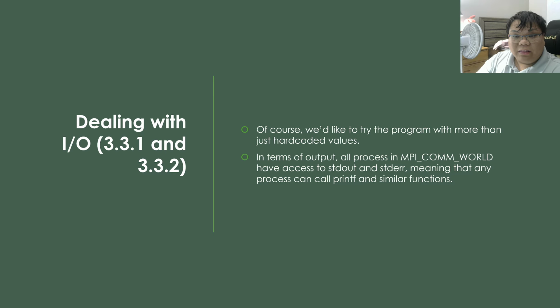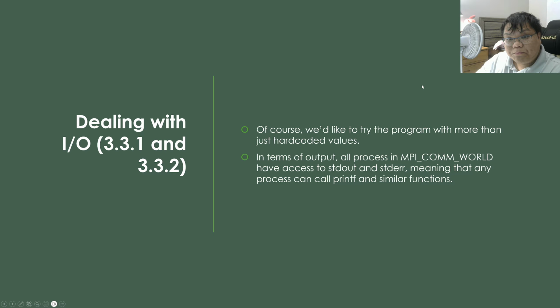We would rather like to run it with any arbitrary amount of trapezoids. So in terms of output, all processes in MPI_COMM_WORLD have access to standard out and standard error. That just means any process can call printf and any other similar print functions. So all the processes are able to print output to the screen.